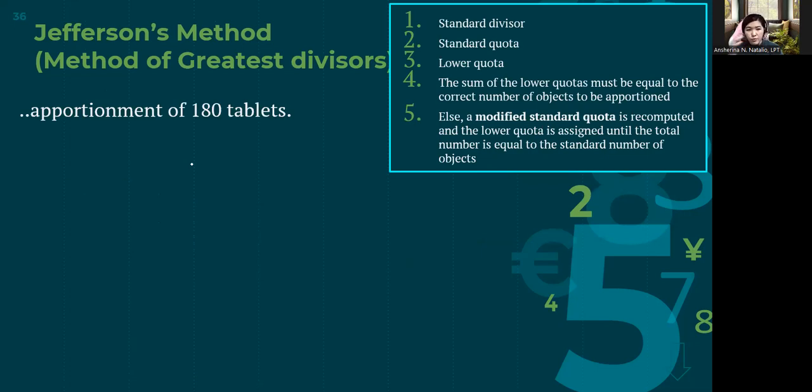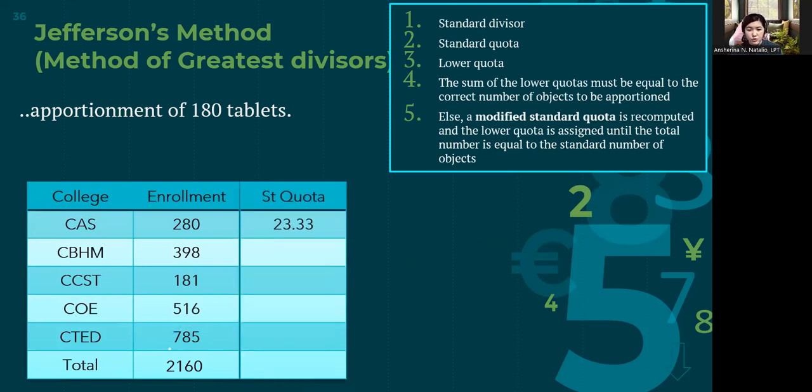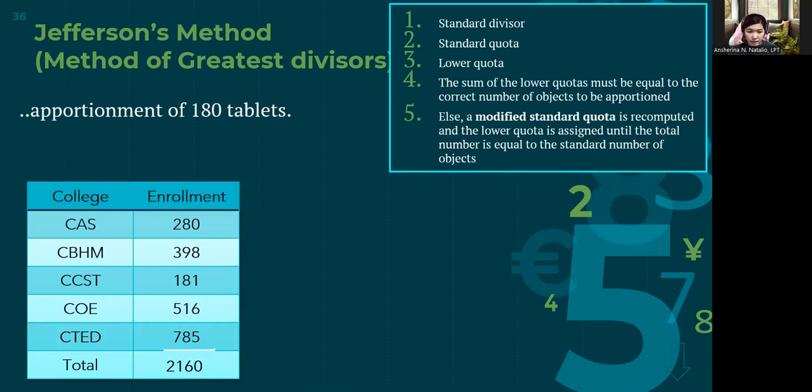Okay, ayan. So, remember, we have an apportionment of 180 tablets. Nagawa naman natin yung steps kanina. Let's use the same example. So ang ginawa muna natin, please try to recall. We need the standard divisor. So, kailangan natin yung total.